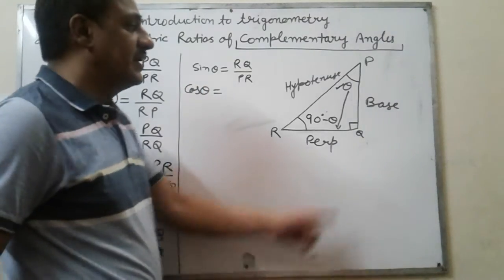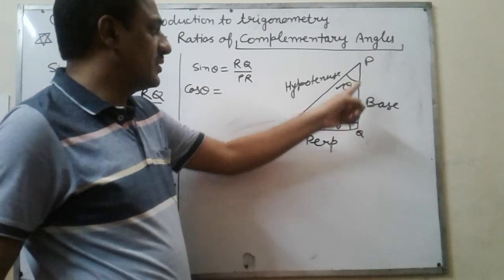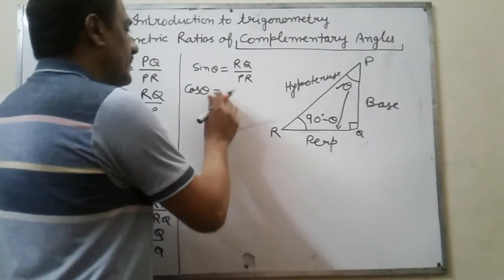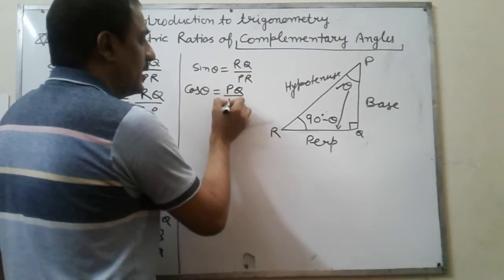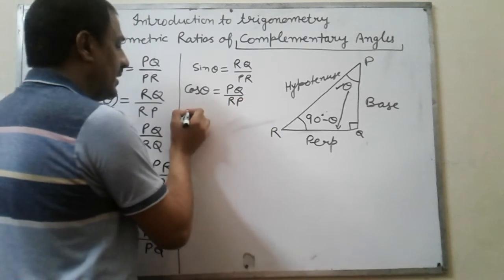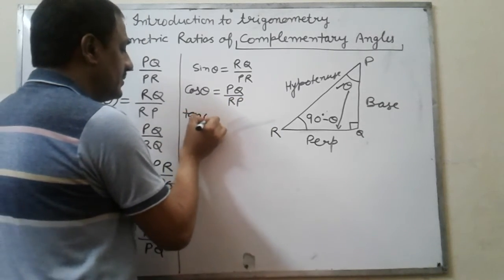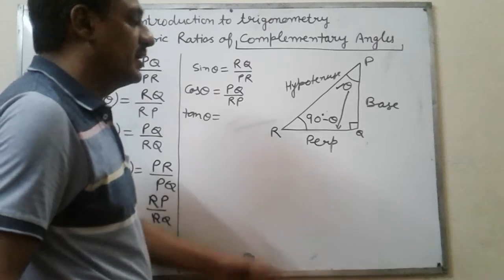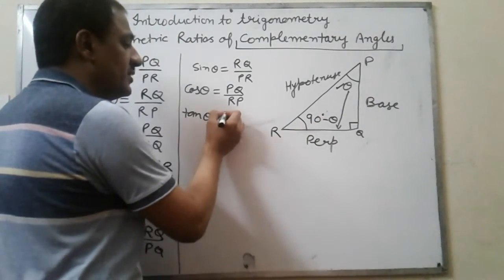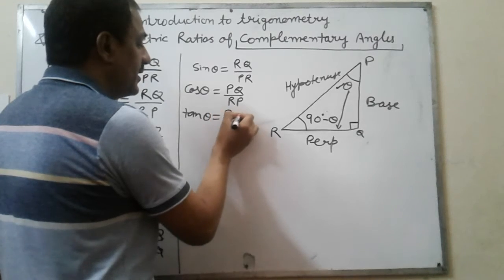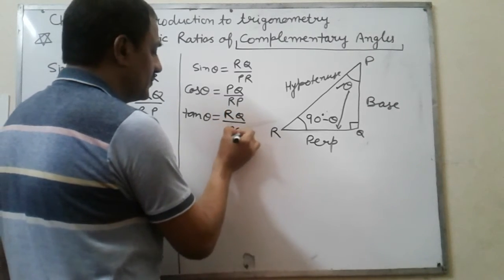Cos theta is equal to base upon hypotenuse. Here base is PQ, so PQ upon RP. And tan theta is equal to perpendicular upon base. Here perpendicular is RQ, so RQ upon PQ.